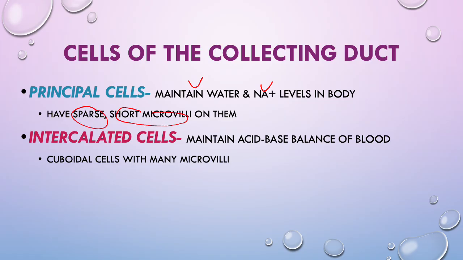Then the intercalated cells maintain the acid balance of the blood, so we're talking about pH, which is pretty important as we have talked about. They have cuboidal cells and many microvilli. So there is exchange of hydrogen ions, also exchange of water, and also exchange of electrolytes.